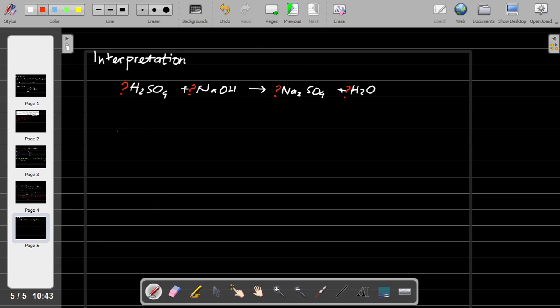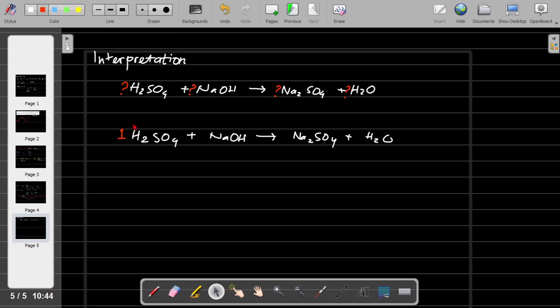So I will put 1 H2SO4, I will use another color, H2SO4, plus NaOH and Na2SO4 plus H2O.